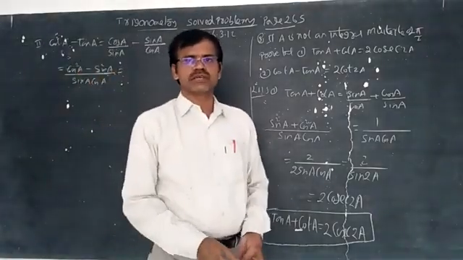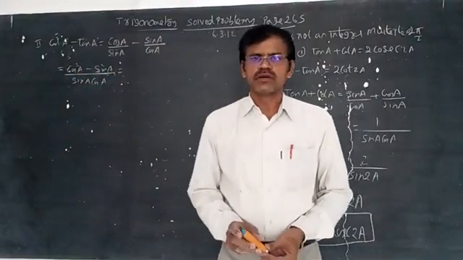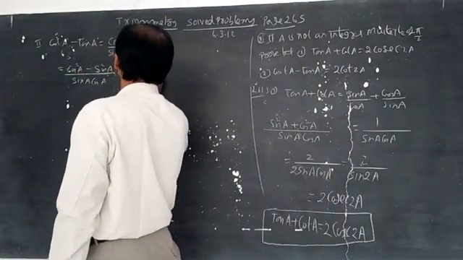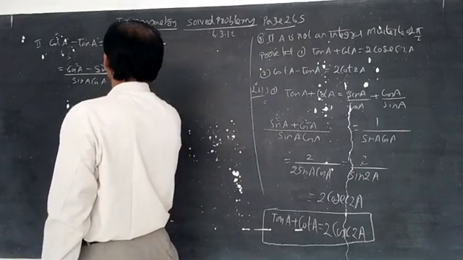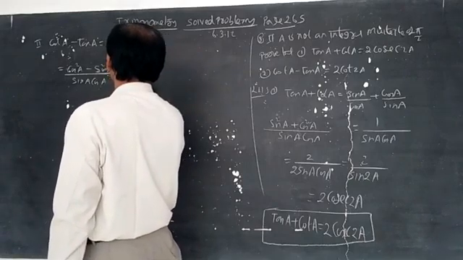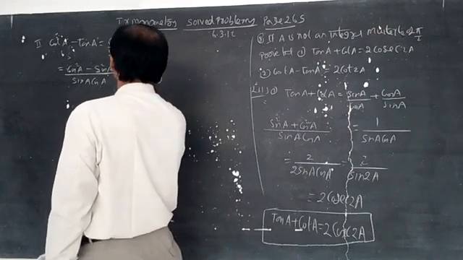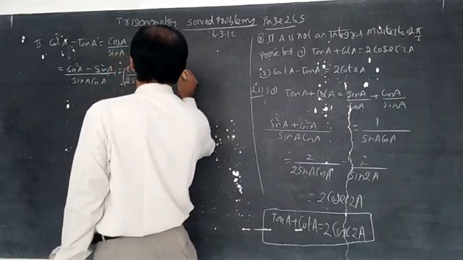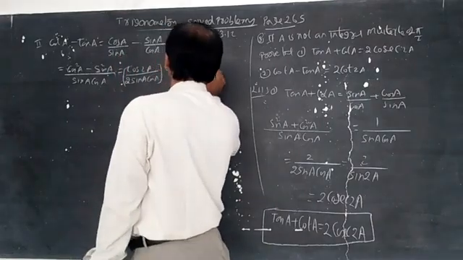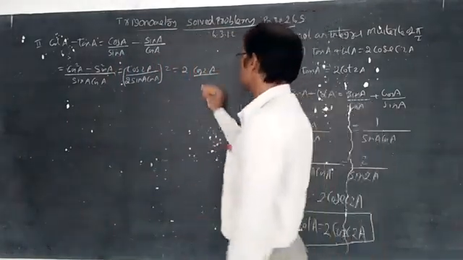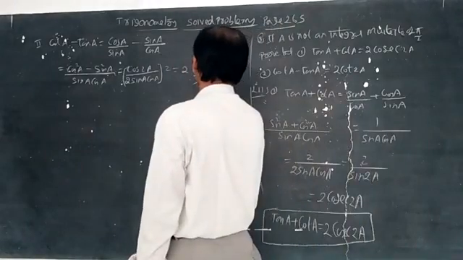Cos square A minus sin square A, the original formula is cos 2A. So it is cos 2A by sin A cos A. Multiply and divide by 2. It becomes 2 into cos 2A by 2 sin A cos A, which becomes sin 2A.